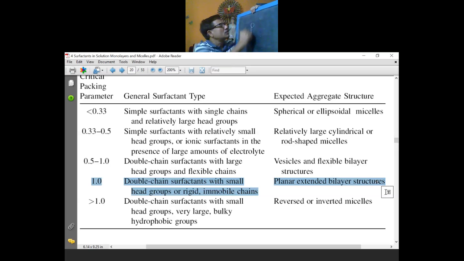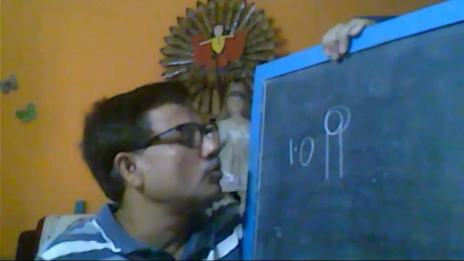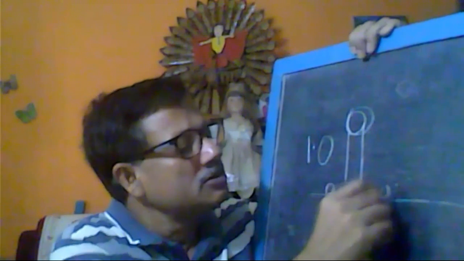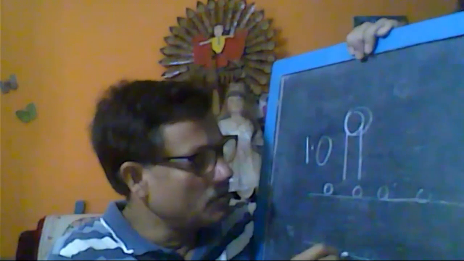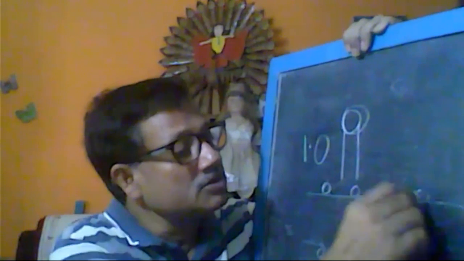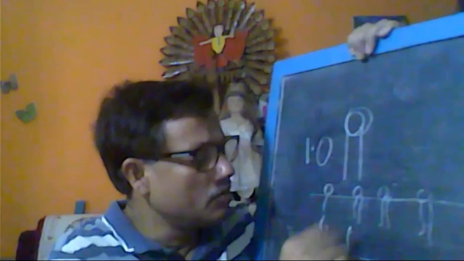The cross-sectional area of the hydrophilic head group and the cross-sectional area of the hydrocarbon moiety are the same. So the critical packing parameter would be 1. They will form a planar bilayer, sometimes a solid support bilayer. So they can form planar bilayers, like this.